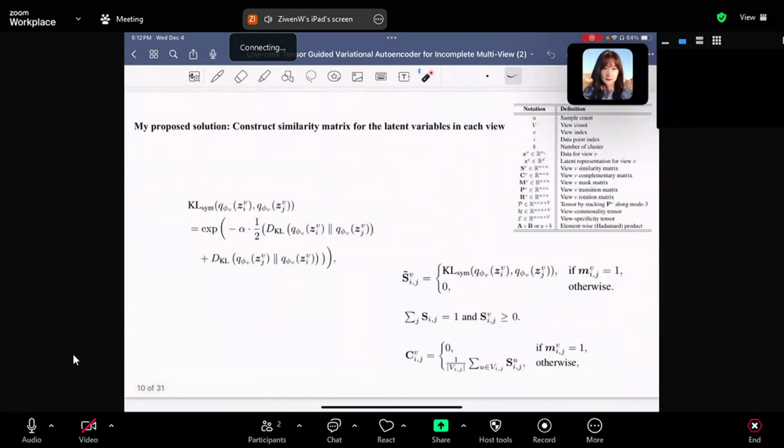Now we construct a similarity matrix for the latent variables in each view, and the similarity matrices have now become symmetric. We leverage the information in other modalities if the data is currently missing in the other incomplete modalities.